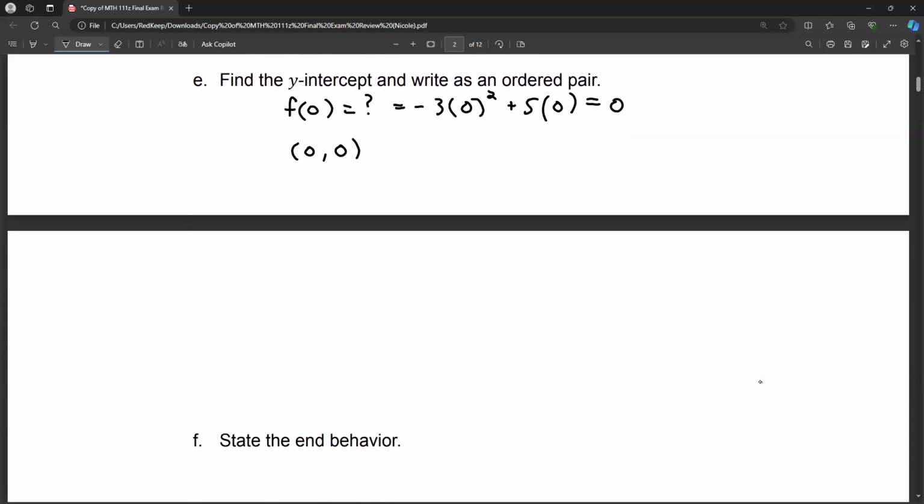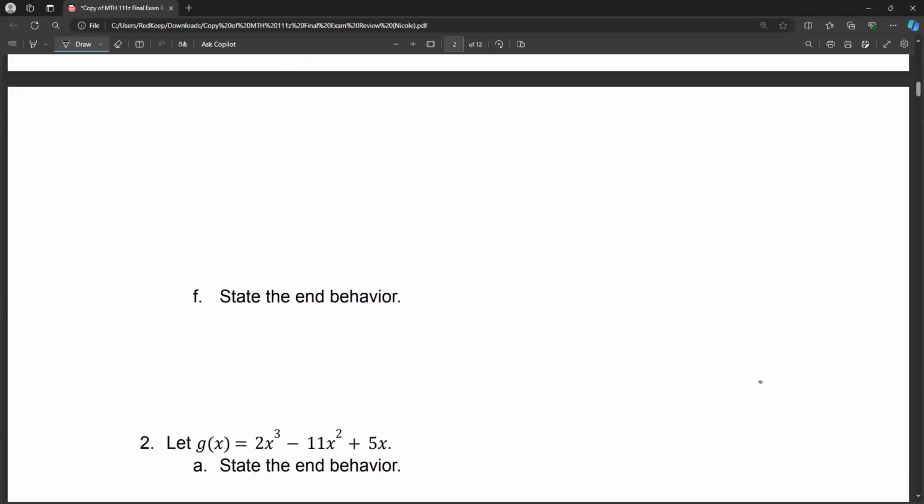Okay, moving on to the last question. For question number 1, they're asking about the end behavior here. And so we should recognize that this function f of x is our friend, the parabola, since it's a second degree polynomial. And we know the behaviors of these: they're either going to be concave down or concave up.